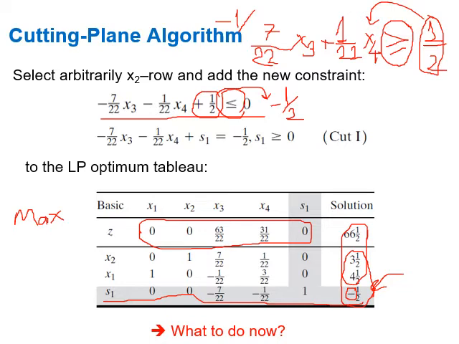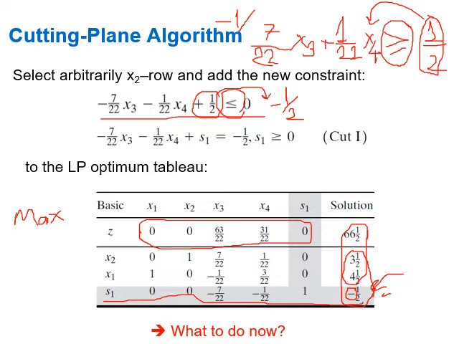It's not feasible because the right-hand side is negative. So what does it do? It eliminates the previous solution. Can you understand it? By having a negative right-hand side here, this solution is not feasible anymore, and we satisfy one of the conditions of a cut.